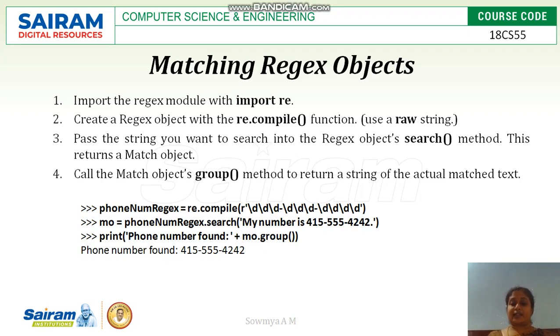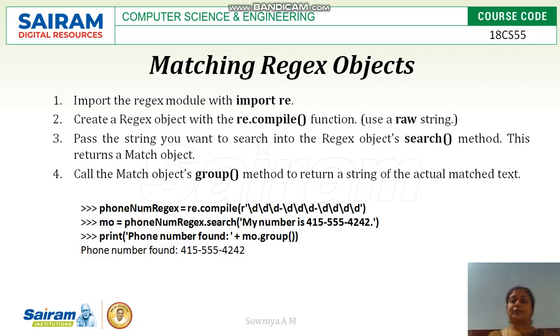We can pass a string directly or the name where the string is saved. So once you pass the string, the search method will search for the pattern from the object phoneNumRegex. If it is found, then it returns the found value.